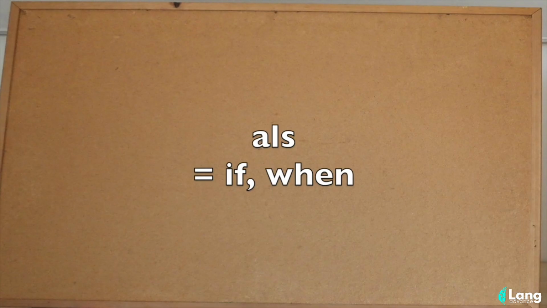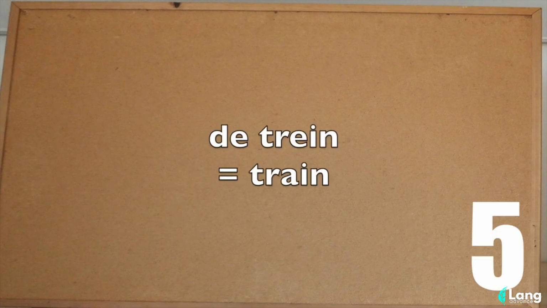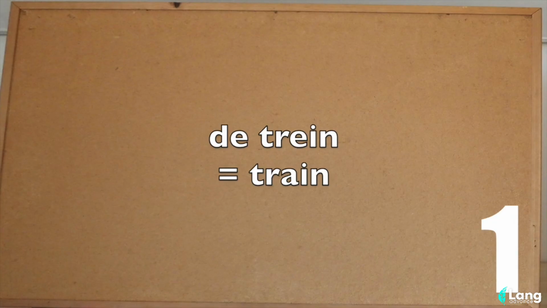Als means if or when it's the sense of if in time. So when the person goes, if you can replace it by if the person goes, then it's your turn. For example, then you could use als. De trein, that's a train.